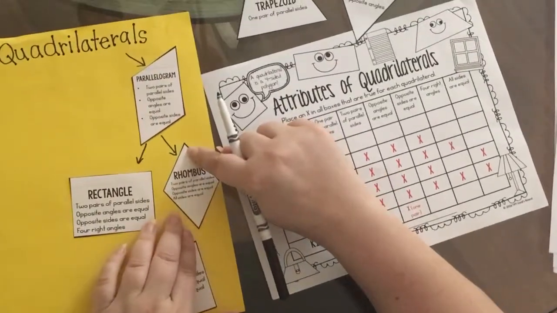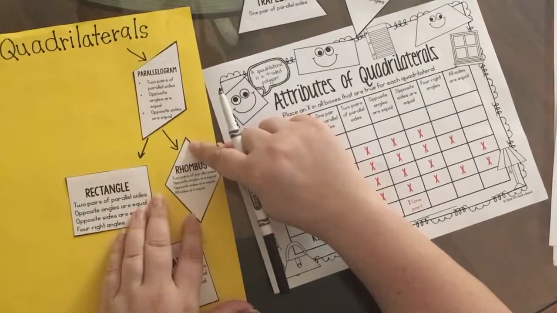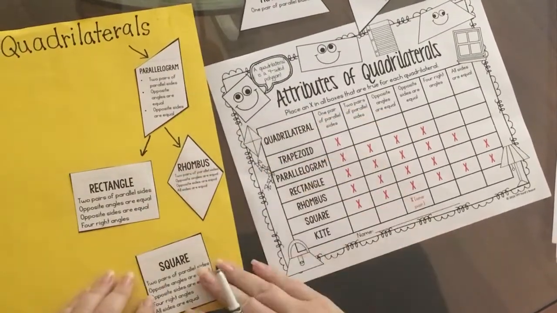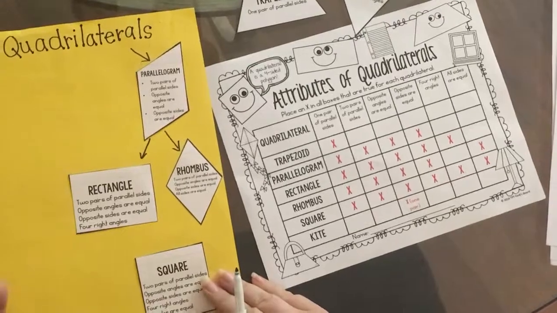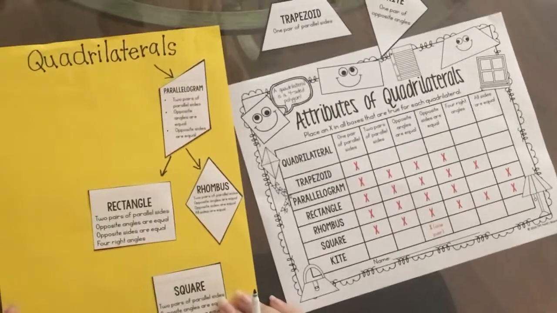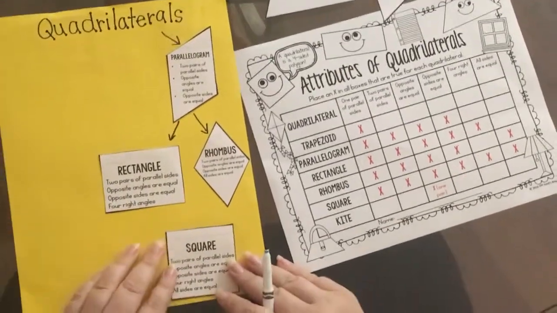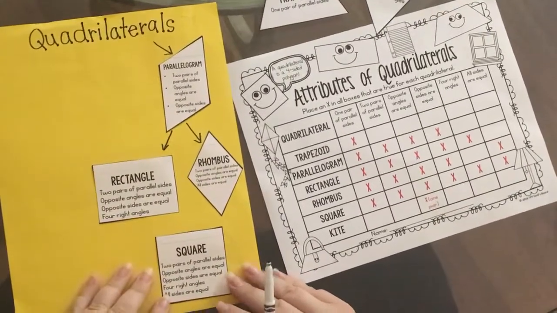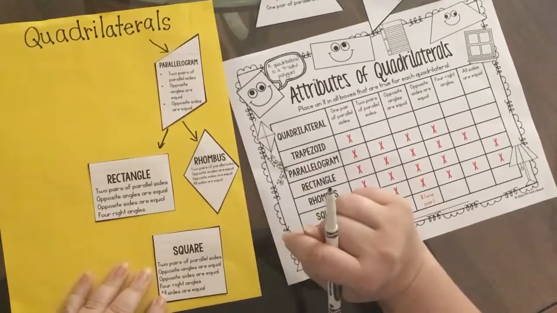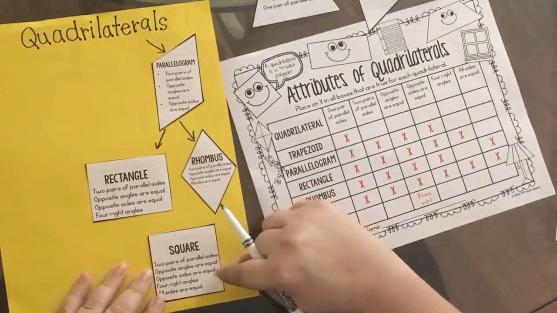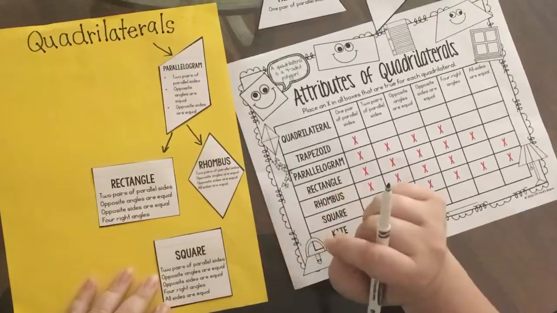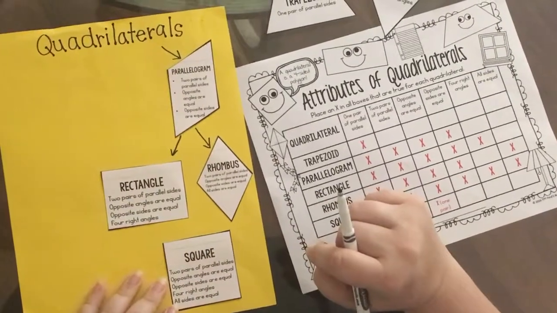It has 2 acute angles on this particular rhombus and 2 obtuse angles. Students would have learned that when they studied and compared and classified triangles. So I'm looking now at the square, and I know that the square also has 2 pairs of parallel sides. Opposite angles are equal. Opposite sides are equal. It has 4 right angles, and all sides are equal.